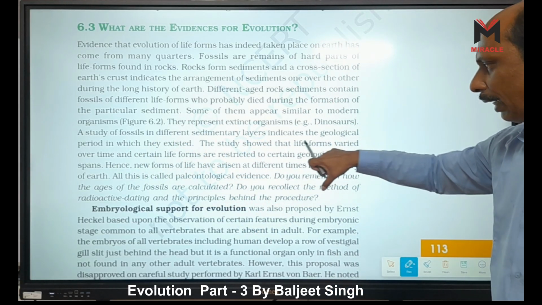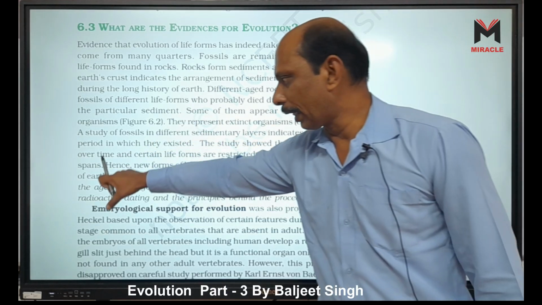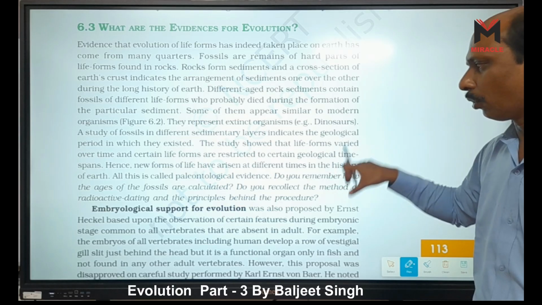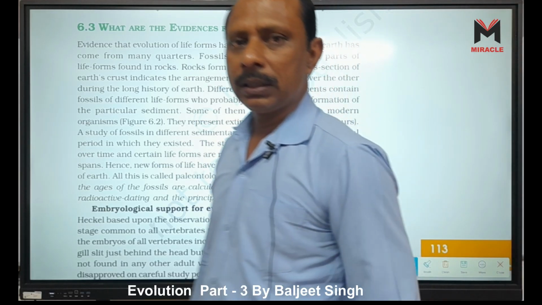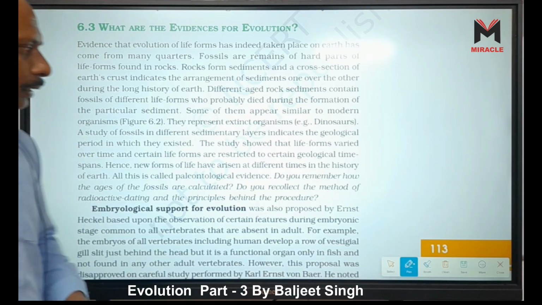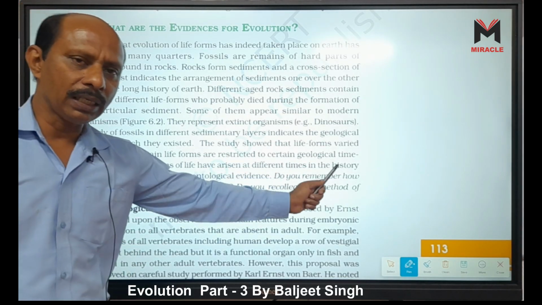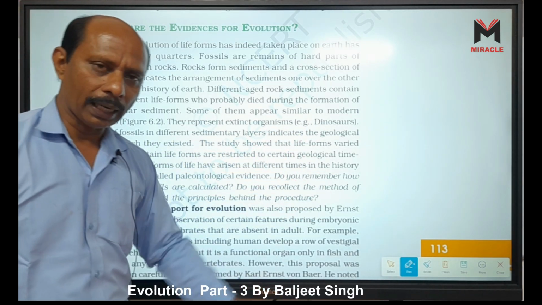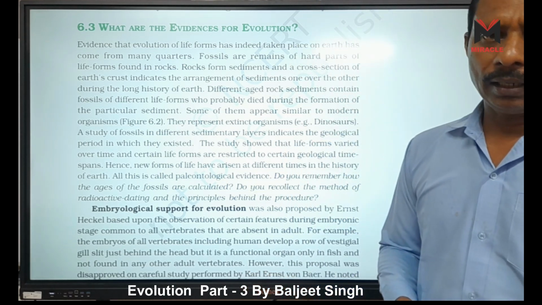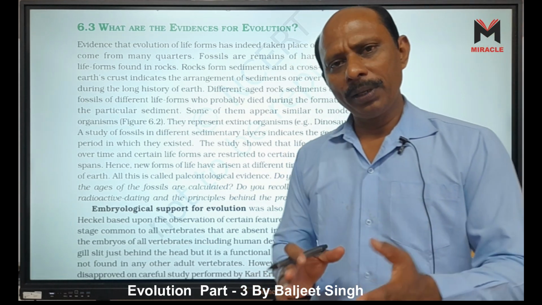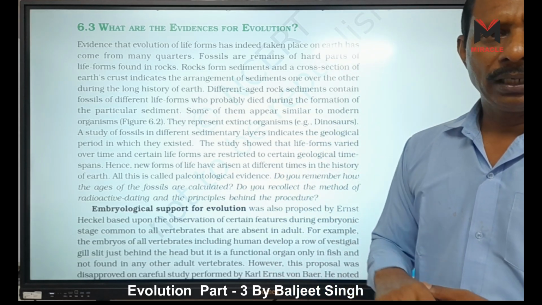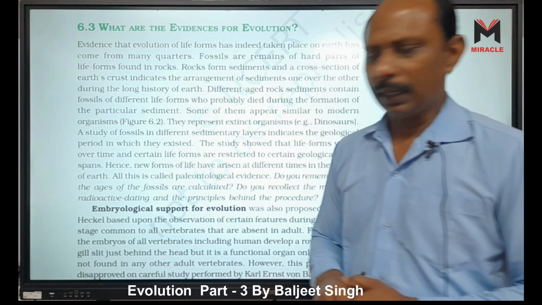The study showed that life forms varied over time, and certain life forms are restricted to certain geological time spans. For example, dinosaurs originated in the Triassic period, were dominant in the Jurassic period, and went extinct in the last one, the Cretaceous period.